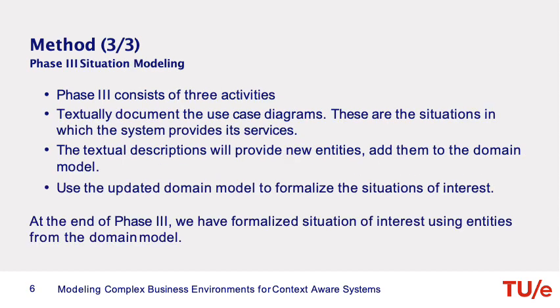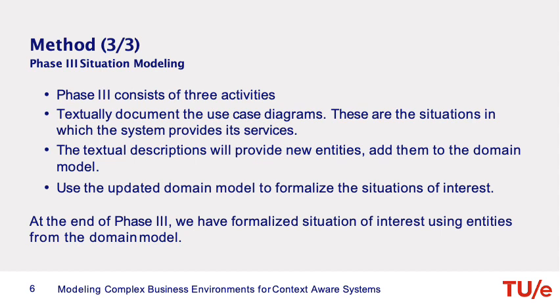In the third phase, we build upon the use case models made in the previous step and document the use case diagrams textually. These textual descriptions are the situations in which the user uses the context aware services. That is, the system provides its services.